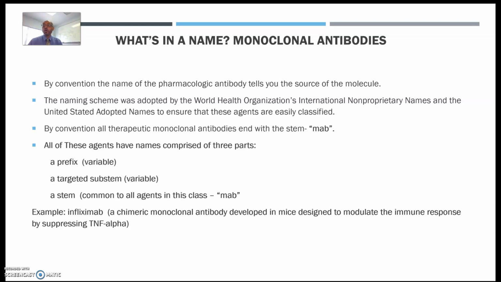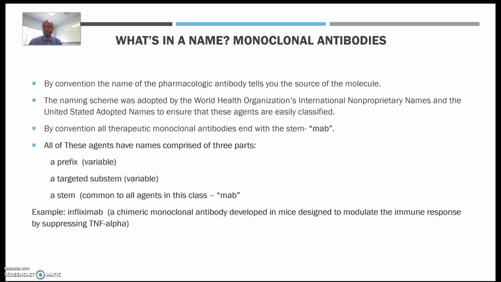By convention, all monoclonal antibodies end with the same stem, MAB. This MAB naming convention allows us to look at a drug name, especially a generic or non-trade name, and be able to determine easily that this is a monoclonal antibody that we're dealing with.